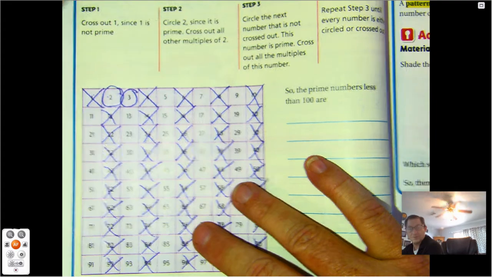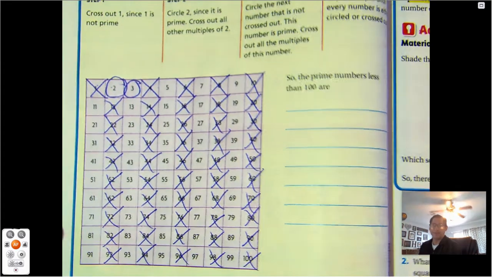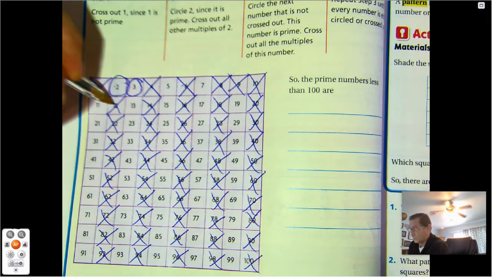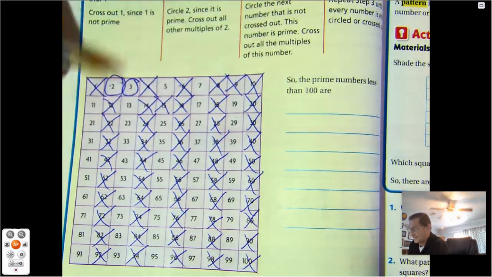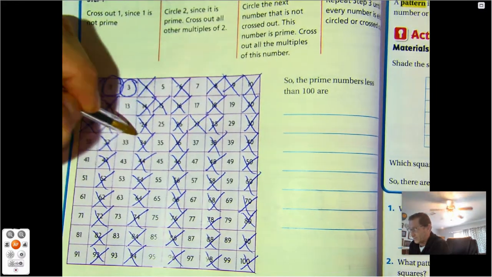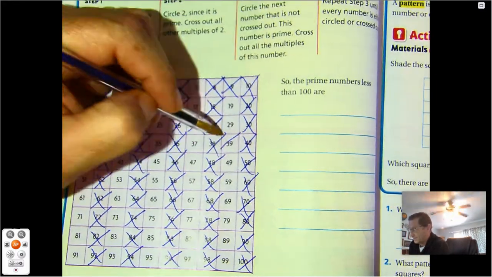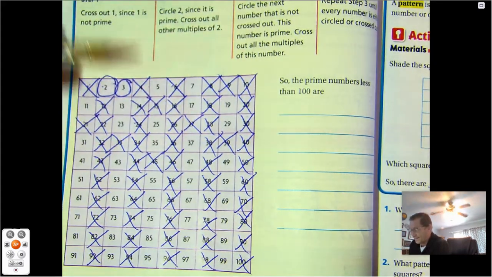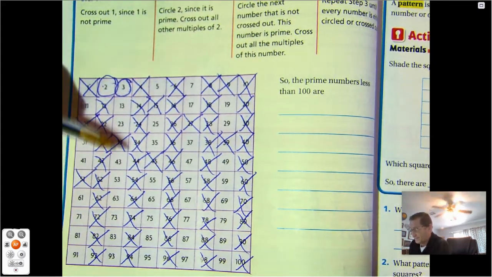So 3, 6, 9, 12, 15, 18, 21, 24, 27, 30, 33, 36, 39, 42, 45, 48, 51, 54, 57, 60.